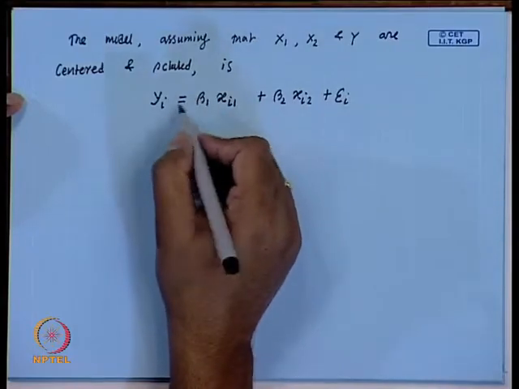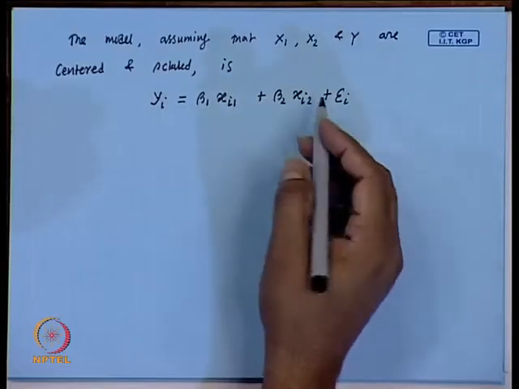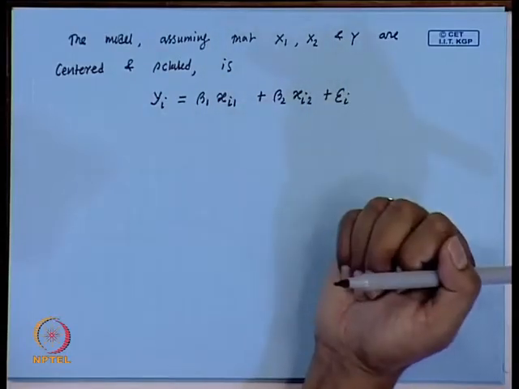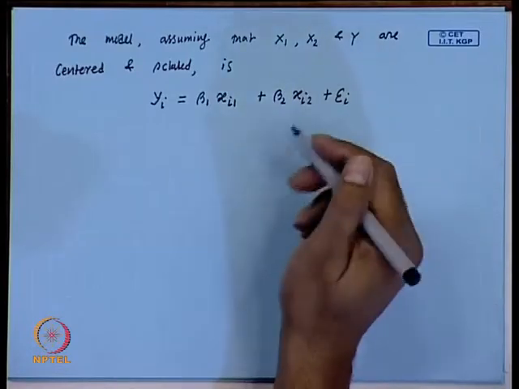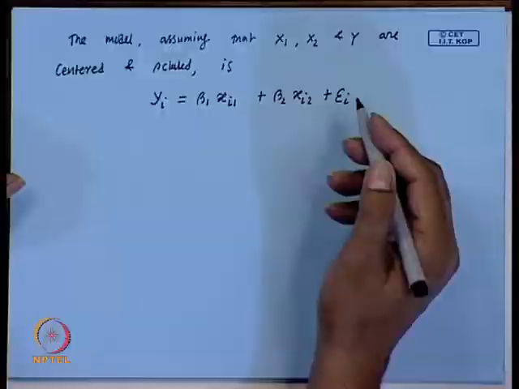We omitted the intercept beta naught from the model, because for the centered or the scaled data, we just checked that the intercept beta naught is always going to be equal to 0.